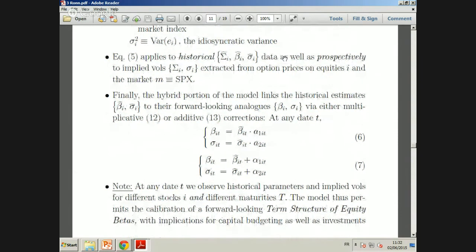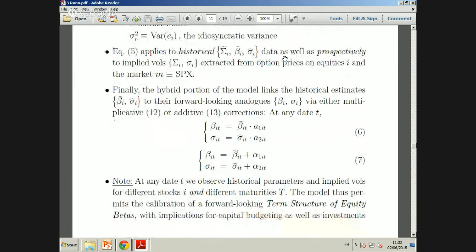One of the things you can extract from this is a term structure of equity betas, because you have implied volatility of options going out some distance into the future, liquid ones, say 1.5 years out. So that's one of the things we get as a byproduct. The other thing you get as a byproduct is what option prices are saying about future idiosyncratic risk relative to its historical antecedent, which we can observe.